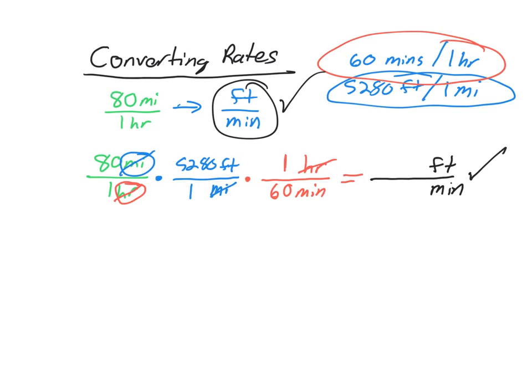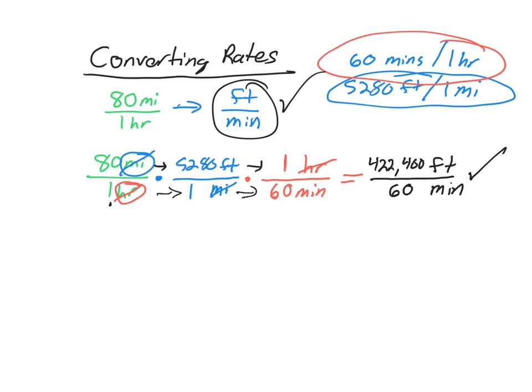Now, all I need to do, now that I've checked my units, is multiply across. So 80 times 5,280 feet times 1 is 422,400 feet on the top. Now on the bottom, I have 1 times 60 is 60.